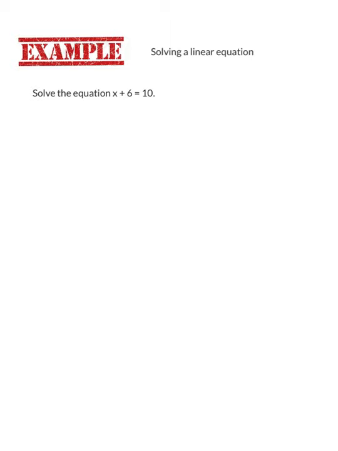Okay, let's have a go at solving a linear equation. The question says solve the equation x plus 6 equals 10. There's our linear equation. We want to solve it for x. We're trying to get x on its own, so we need to apply inverse operations. We've got x plus 6, so we apply the inverse of plus 6.